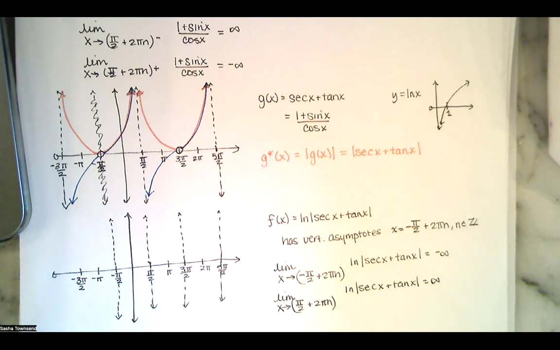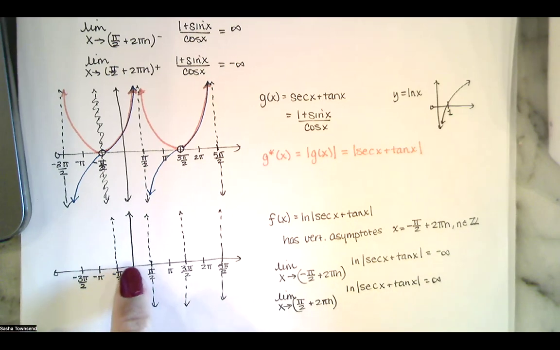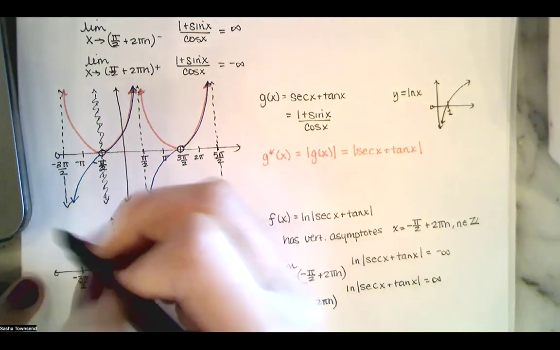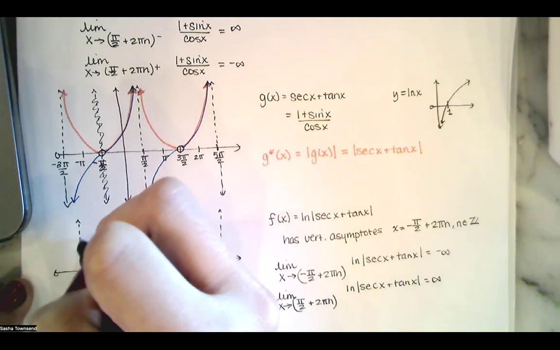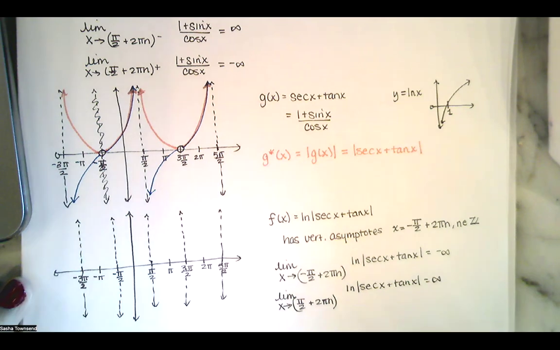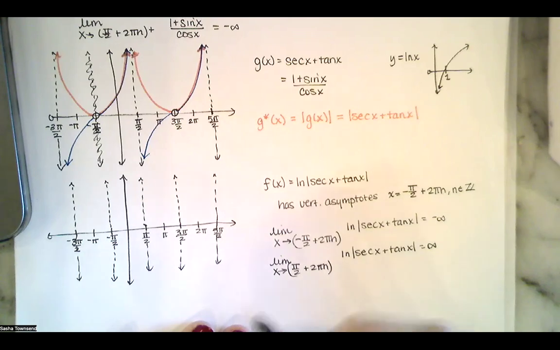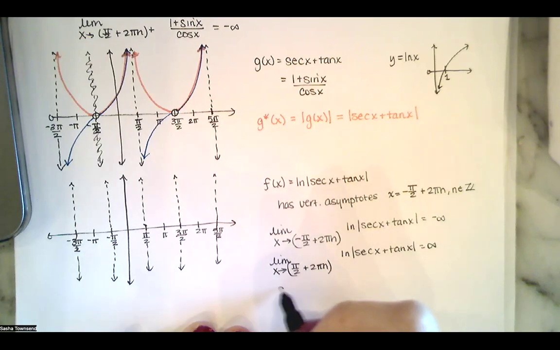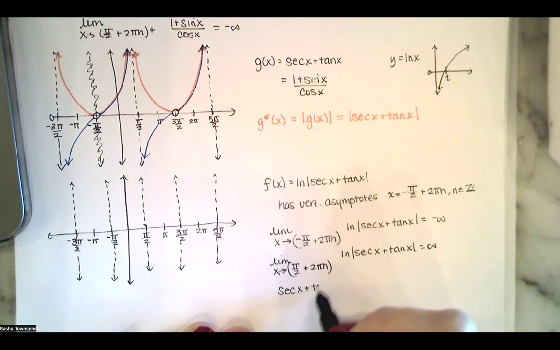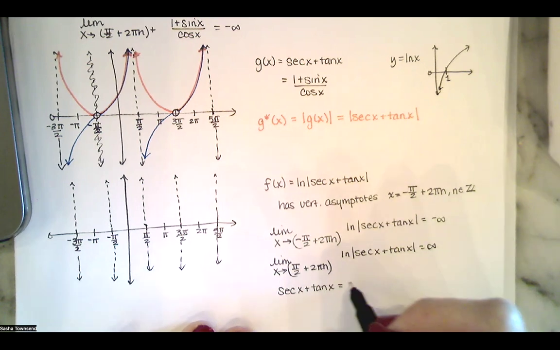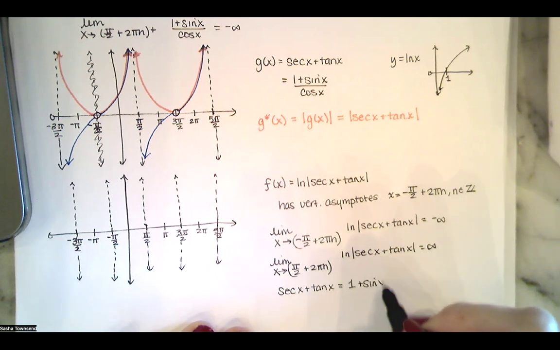So I think what I'm expecting is something that does that there and there, but then at all the multiples of pi, at 0, pi, 2 pi, negative pi, we might want to evaluate the function there and see what it looks like. So secant of x plus tangent of x is 1 plus sine of x divided by cosine of x.